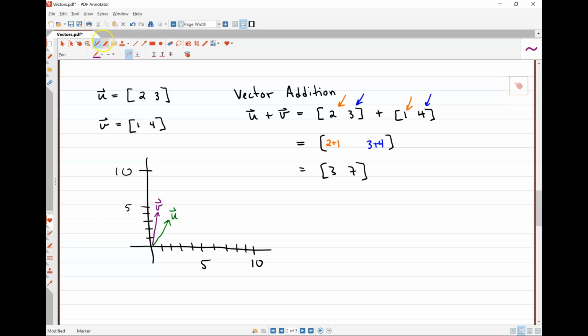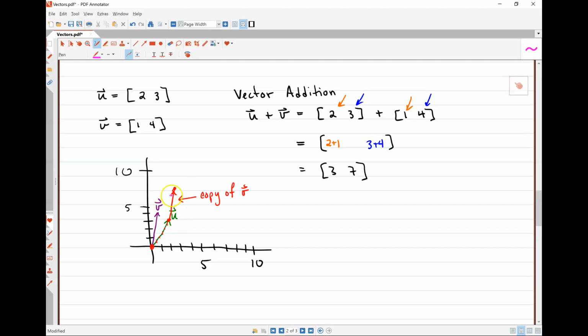So in other words, we're going to trace out this path. We'll start at the origin, and we're going to follow vector u. And when we get there, we're going to draw a copy of v and pretend this is the origin, and go right 1 and up 4.